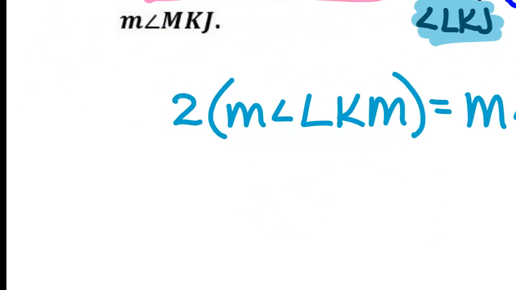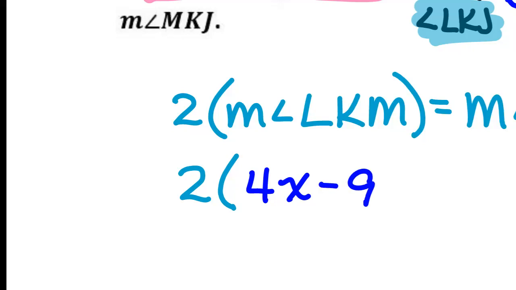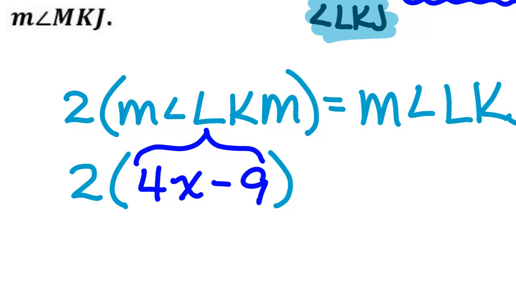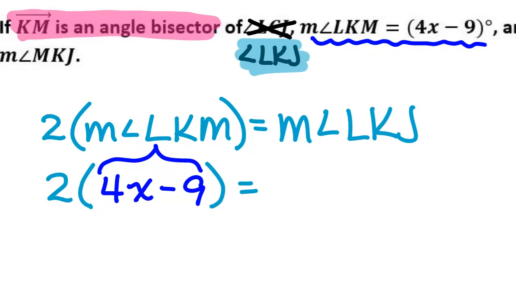Well, I have an expression for LKM. What was that expression? 4x minus 9. That's what I'm going to put in the place of LKM. And then do I have something that I can put in for LKJ?